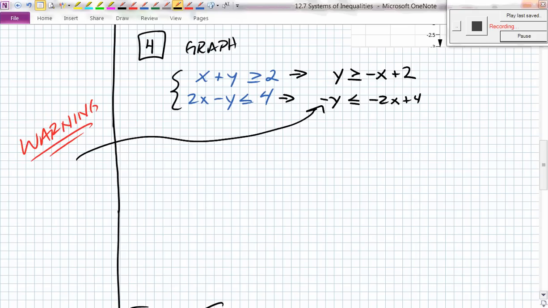Yeah, whenever you multiply or divide by a negative number when dealing with an inequality, you need to reverse the direction of the inequality sign. So y will be greater than or equal to positive 2x minus 4. So here are my two inequalities that I am working with. All right, let's graph both of those and see what they look like.